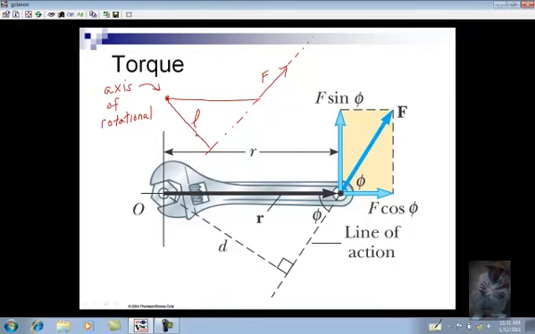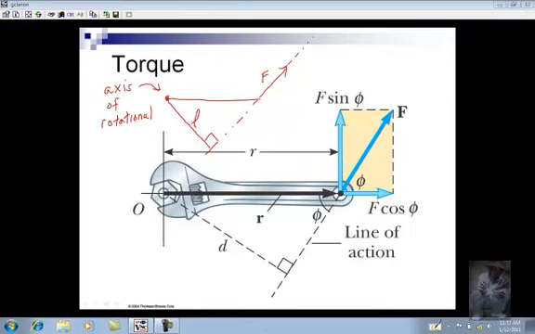It's the distance from the axis of rotation to my line of force that makes a right angle, and it would be the shortest distance from my axis of rotation to my line of action.